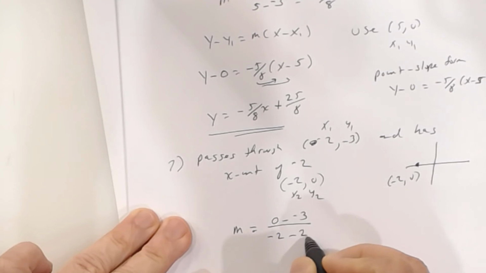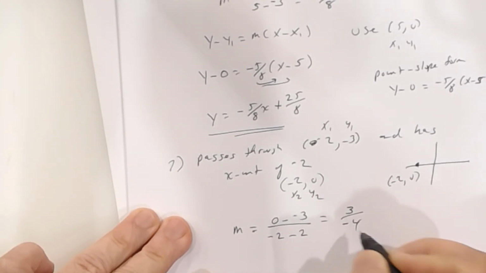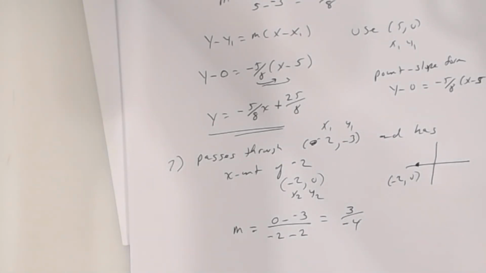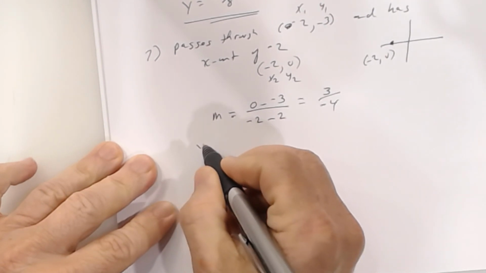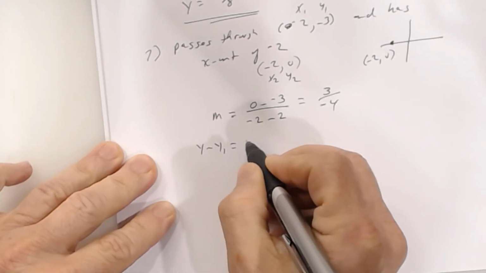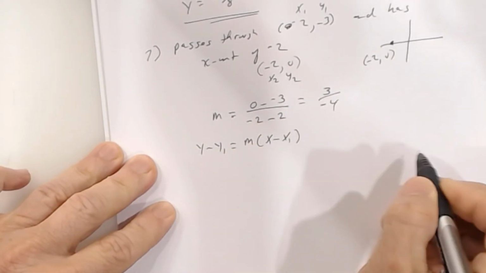Subtract 2. What's the numerator? What's the denominator? All right. Now let's go back and plug the point and the slope into the point slope formula. What's the point slope formula? y minus y1 equals m times x minus x1, right?